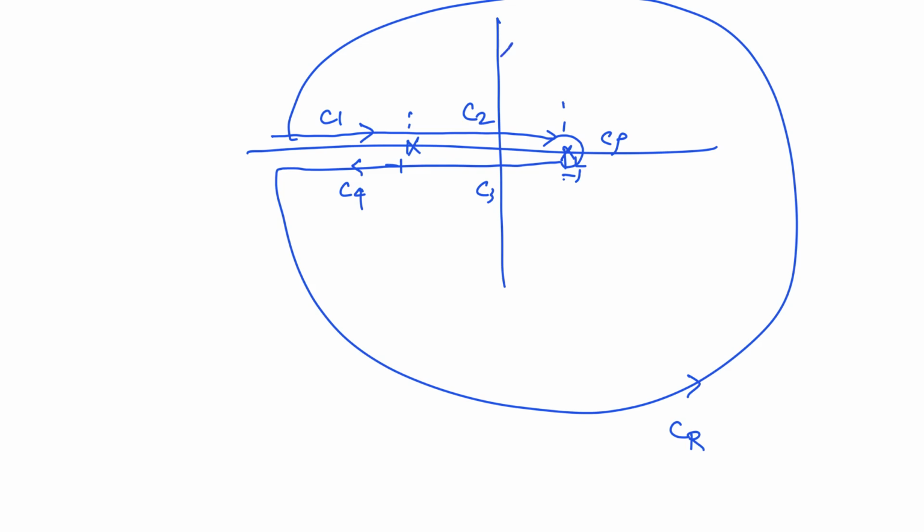And we have two poles here, i and minus i. And of course we have a branch. So our integral will have six pieces. We start with minus infinity to minus 1, C1. And from there, the C2 integral, the 0 integral, the C3 integral, the C4 integral, and the big one.